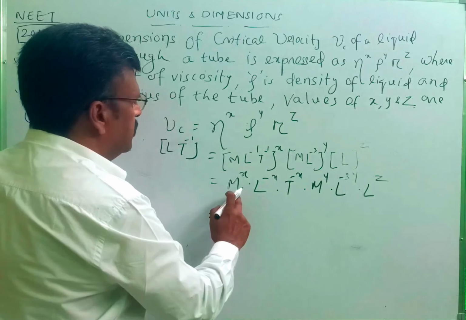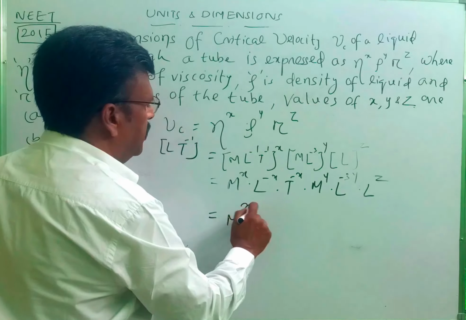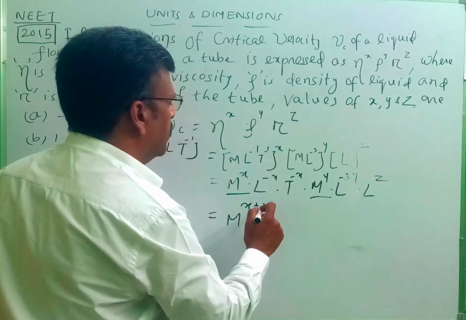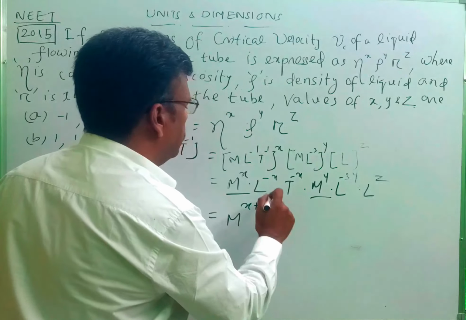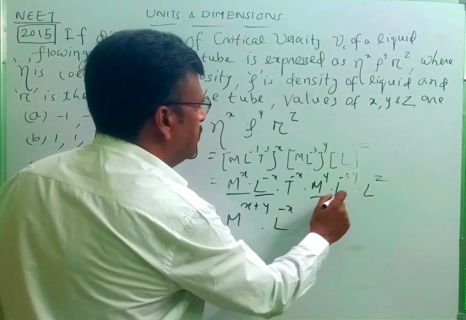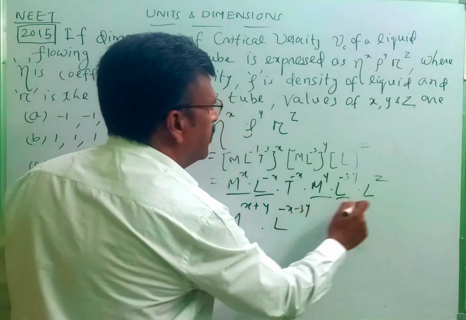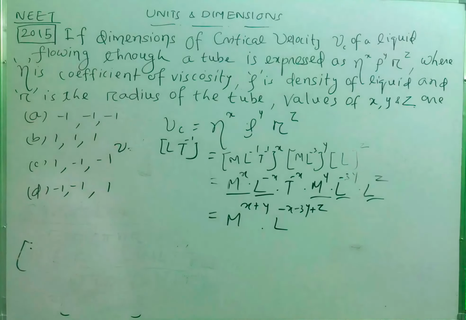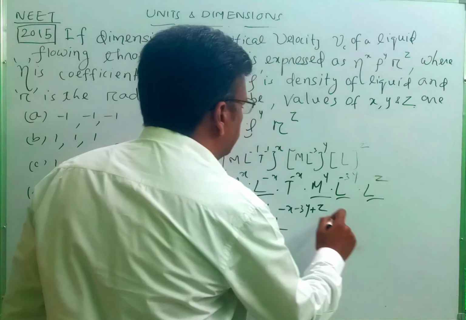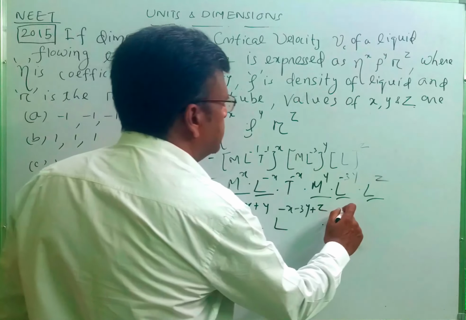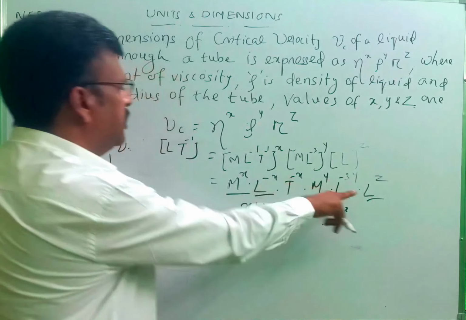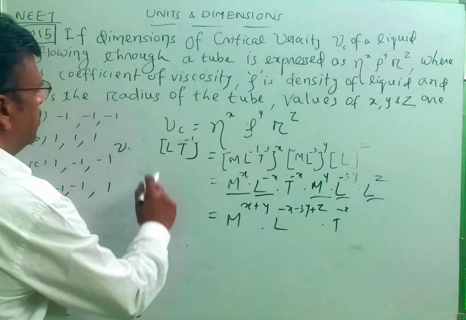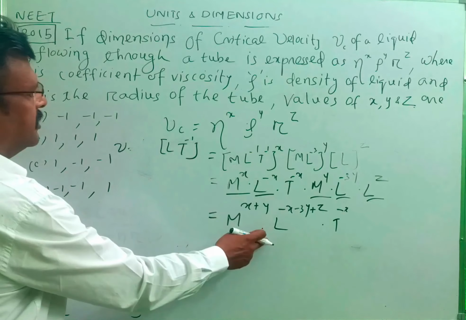Okay, students, this will become M to the power x plus y, and L to the power minus x minus 3y plus z, and multiplied by T to the power minus x. Okay, students, then let us compare the dimensions of left hand side and right hand side.